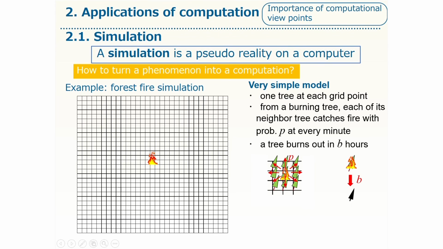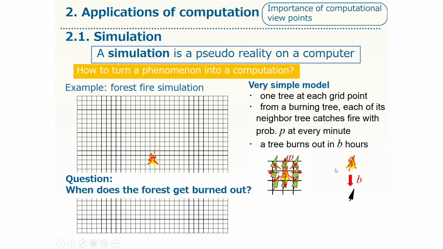Then we assume that each tree burns out in B hours after it starts burning. Now, the question is when the forest burns out completely. Note that we have two parameters here, P for probability of spreading fire to the next tree, and B for the length of burning.